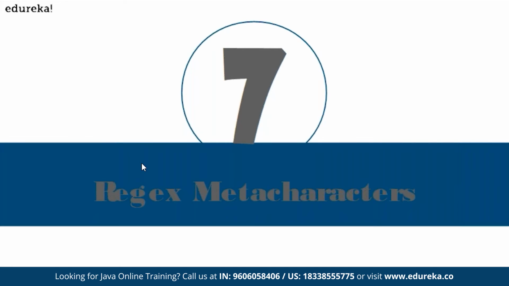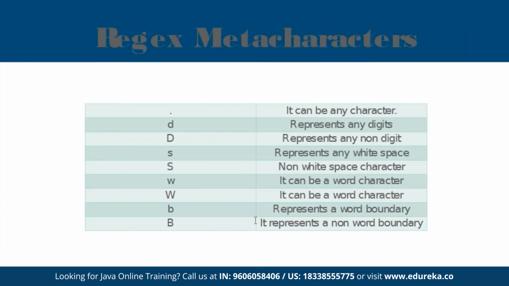What are regex metacharacters? They are nothing but regular expression metacharacters that work as shortcodes. Here you are able to see the table for these shortcodes. Dot can be any character, and may or may not match the line terminator. Small d represents any digit, short for 0 to 9.